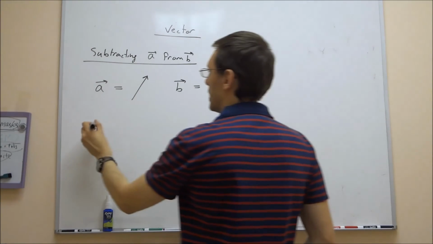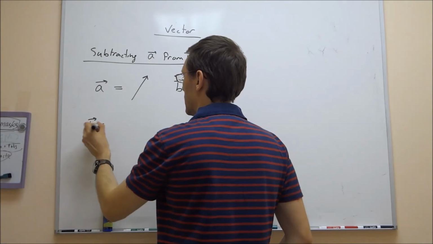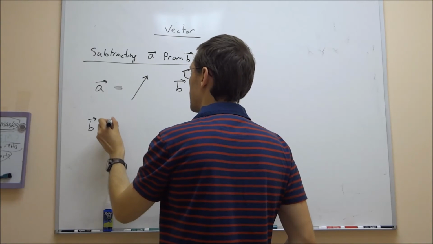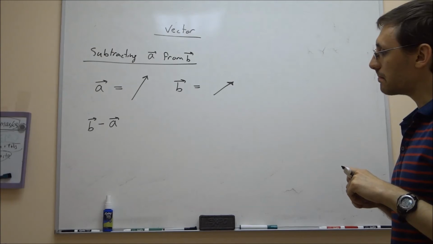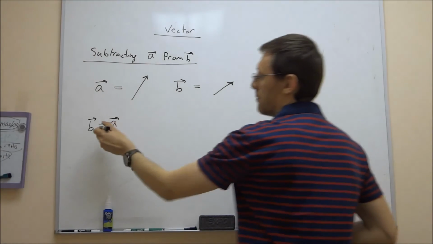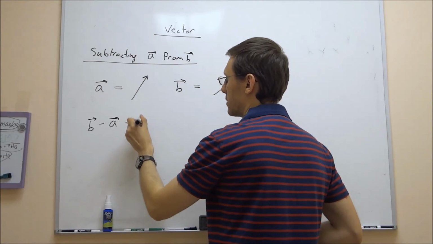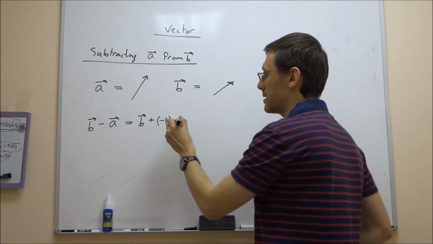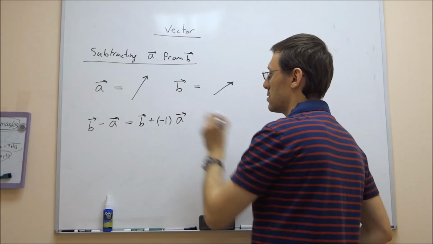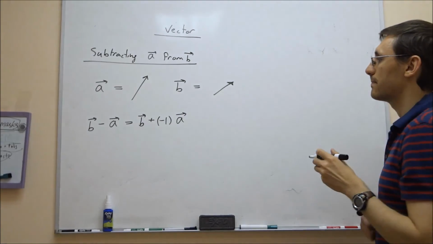How would you calculate B minus A? We do that again right now just geometrically. So notice that B minus A is really addition of vectors. It's really B plus minus 1, the scalar minus 1 times the vector A.